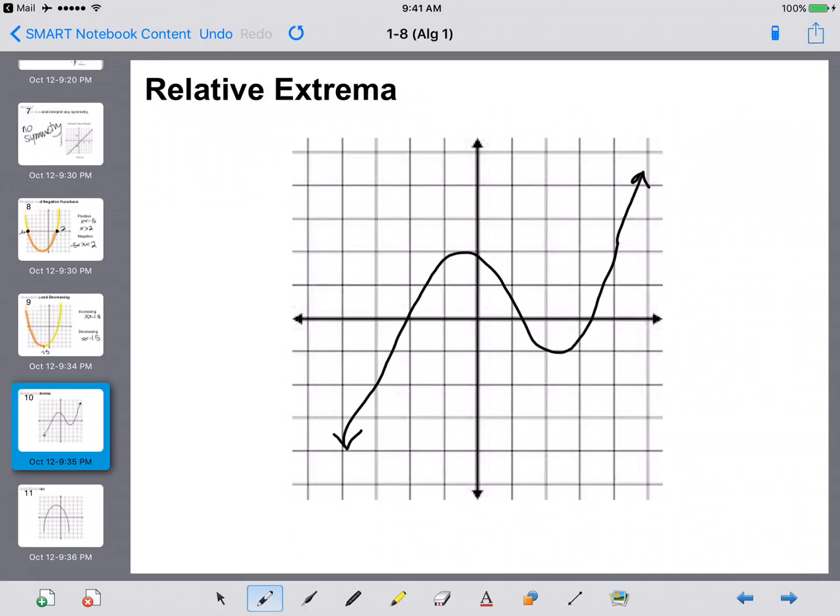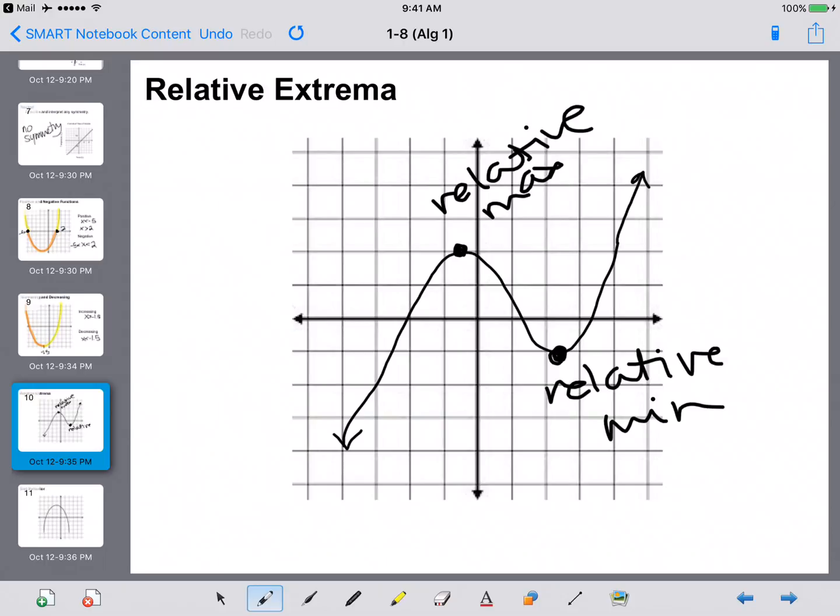Your relative extrema are these 2 points here on this graph. It's where it's either at its highest, so this is your relative max, or your lowest, your relative min, but other parts are going on forever.